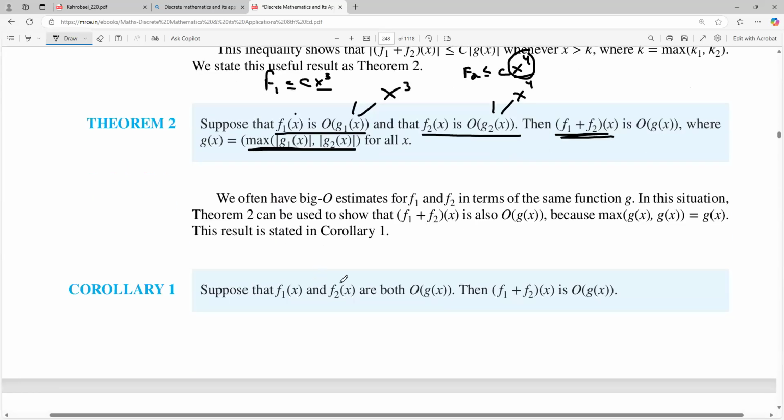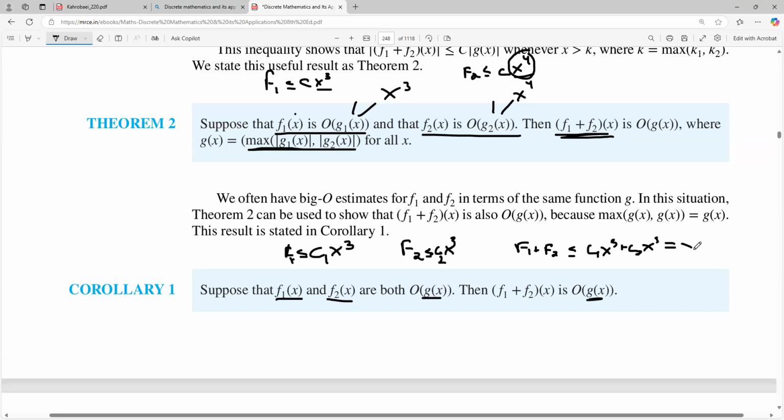And based off that, you could say the same thing: if both functions are big O of the same g of x, then their sum is going to be big O of the same g of x. So if f1 is less than or equal to c1 times x cubed, and f2 is less than or equal to c2 times x cubed, then f1 plus f2 is less than or equal to c1 x cubed plus c2 x cubed.